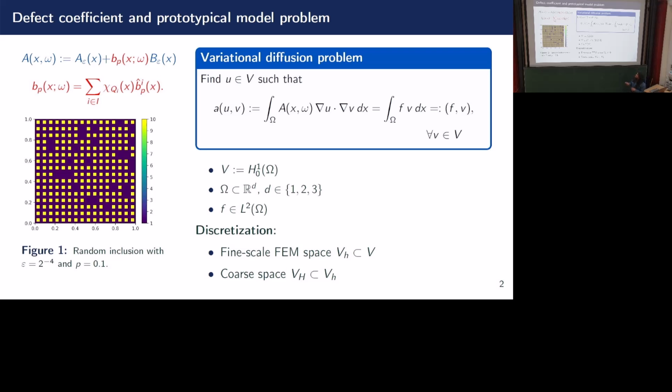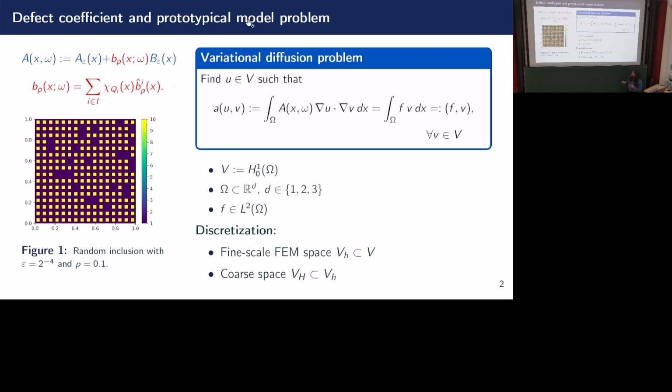Next, this V epsilon acts as a defect coefficient, which switches on or off depending on this B_P here. So B_P is a kind of switch that activates or deactivates this defect. It includes the characteristic function of the defect and also obeys an IID Bernoulli law.